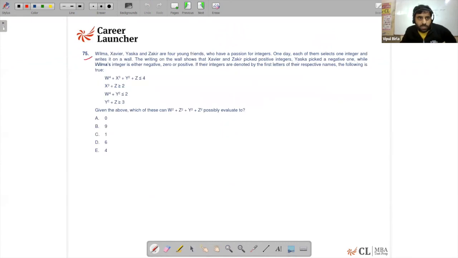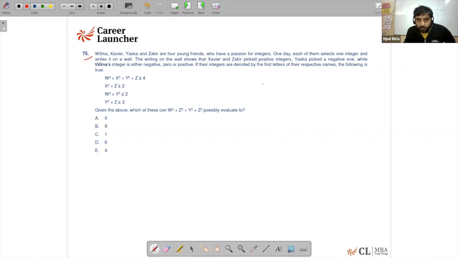Okay. Question number 75. Last question. Vilma, Xavier, Yaska, and Jakir are 4 young friends who have a passion for integers. One day, each of them selects one integer and writes it on a wall. The writing on the wall shows that Xavier and Jakir picked a positive number.